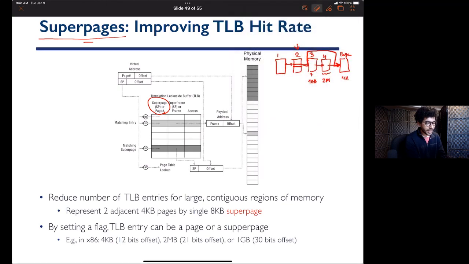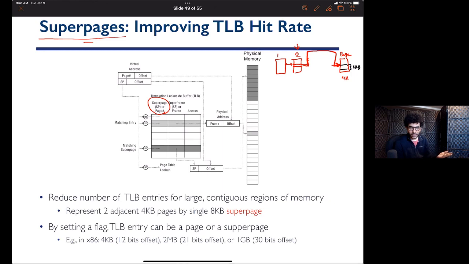So basically bypass these other pages and use that address to get 1 GB of data here. But then all these pages have to be contiguous because I'm using the same address for all of them. So all of them have to be contiguous. So this is the idea of a superpage.